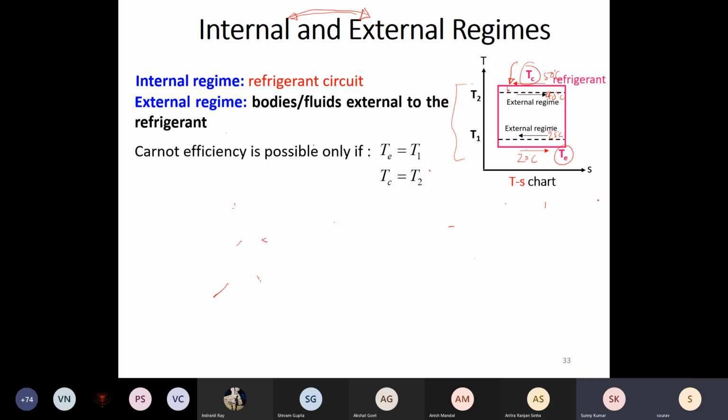Isothermal over here, isothermal over here, isentropic, isentropic. But when I look at the external regime, where the evaporator is cooling a substance which is at around 25 degrees, and the condenser is losing heat to a substance which is at around 45 degrees, now with this information, can you actually call this cycle a Carnot cycle?